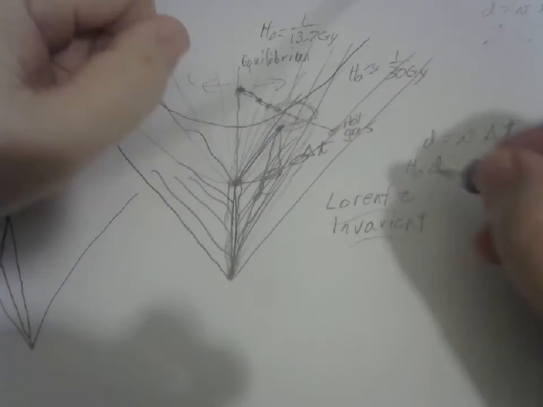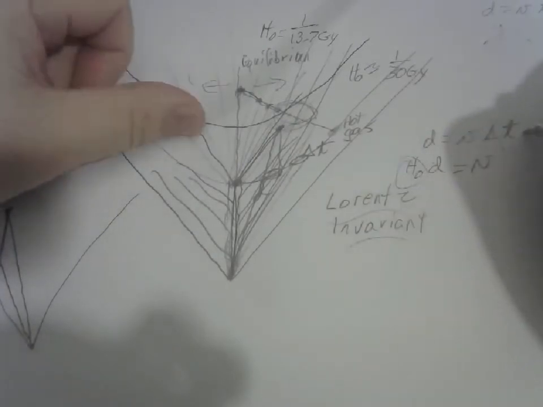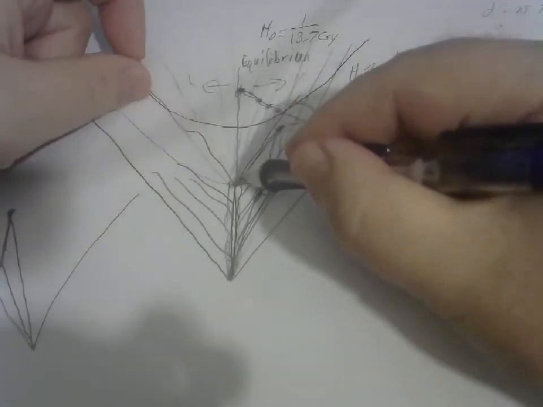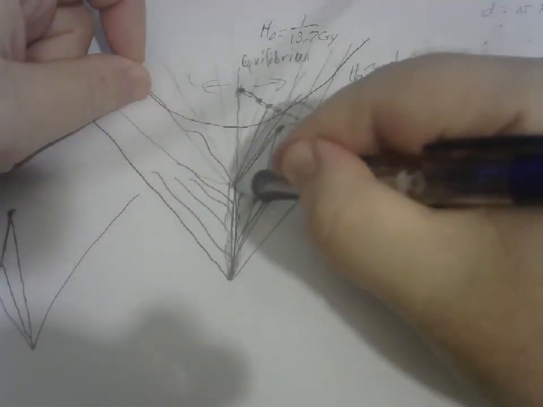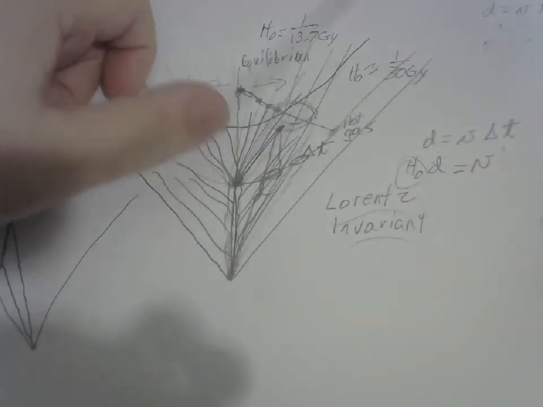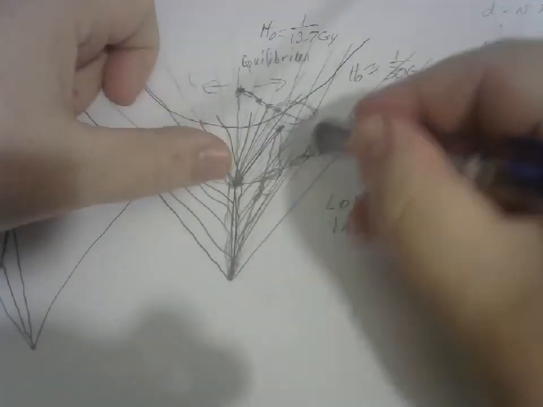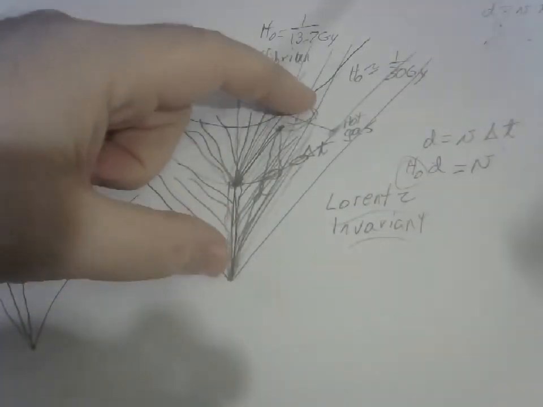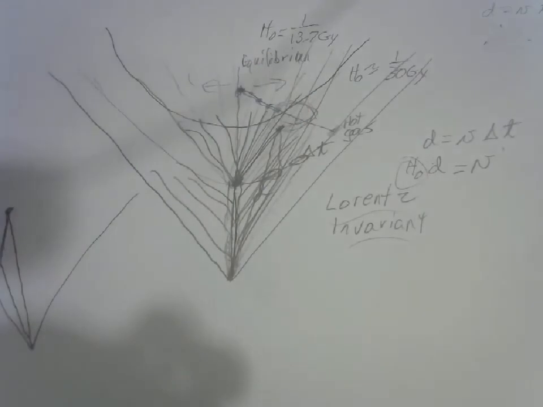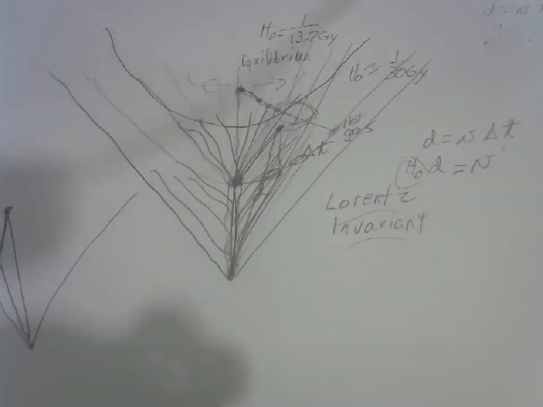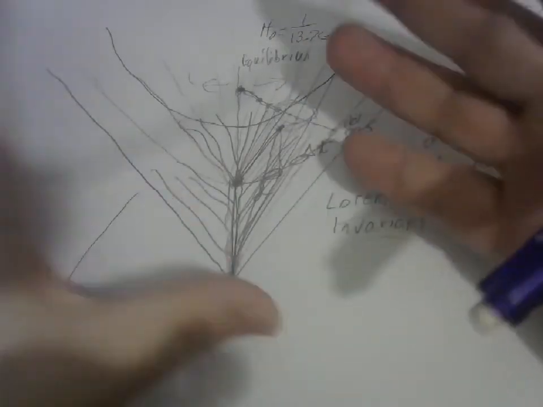So essentially, h naught is 1 over delta t. So anything that is coming out of this event here will follow Hubble's law, but anything that comes out before that will use, basically I've been describing it as having a different Hubble's constant. That's the way this model presents what Hubble's law is.